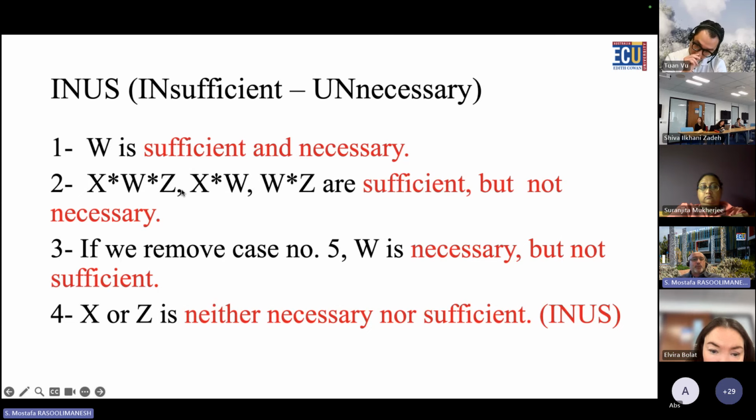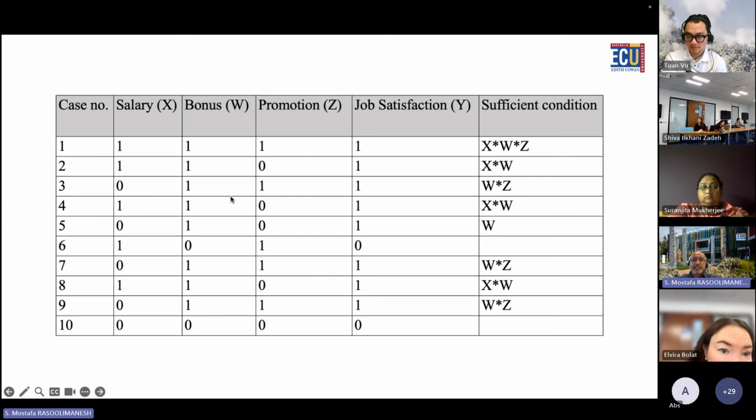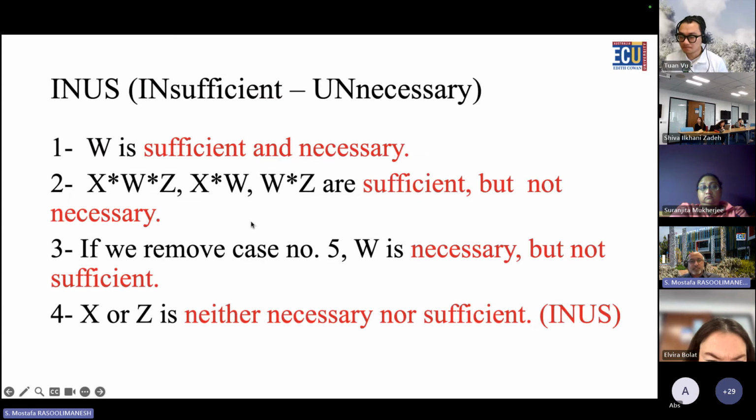The combinations of X and W, and of X and W and Z, you can see these factors are sufficient, because they can create a high level of job satisfaction for a specific group of people. Here is one case, but this can represent a group of people that, by a combination of, for example, W and Z or X and W, can have a high level of job satisfaction.